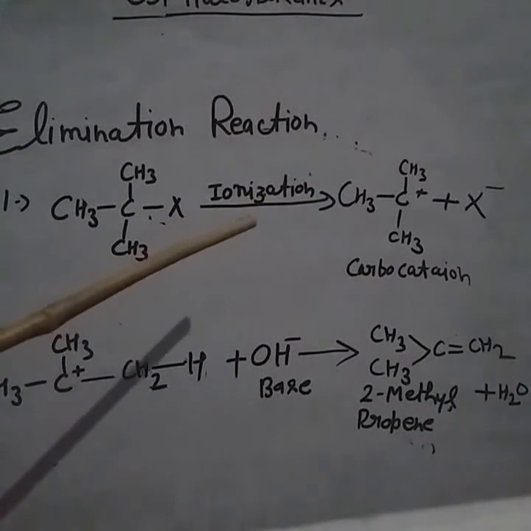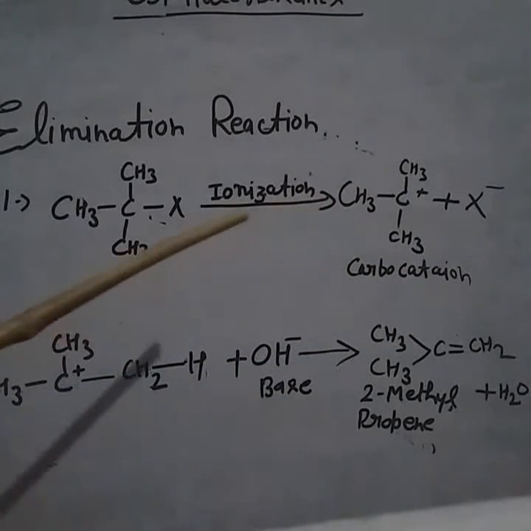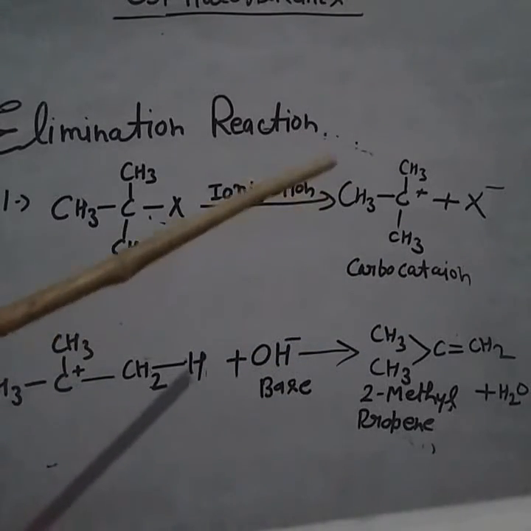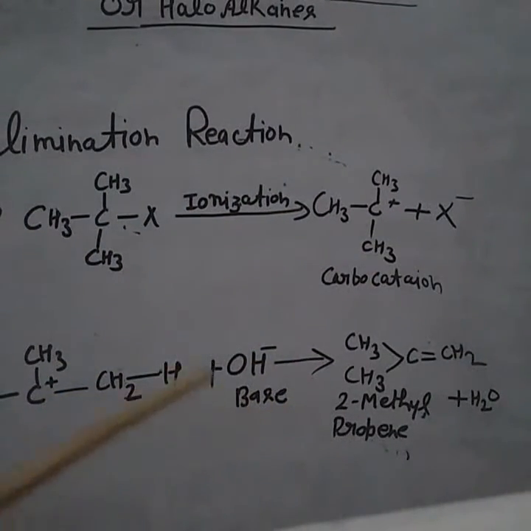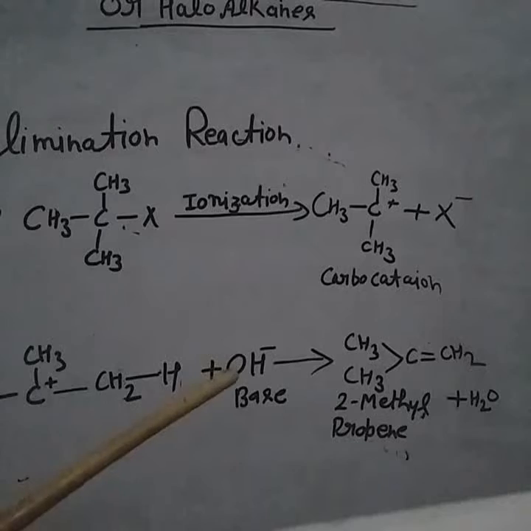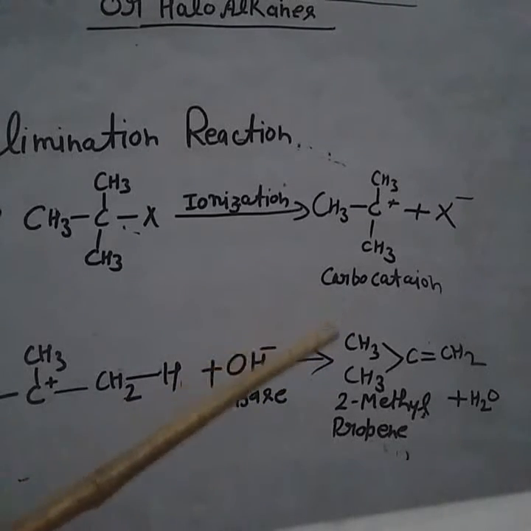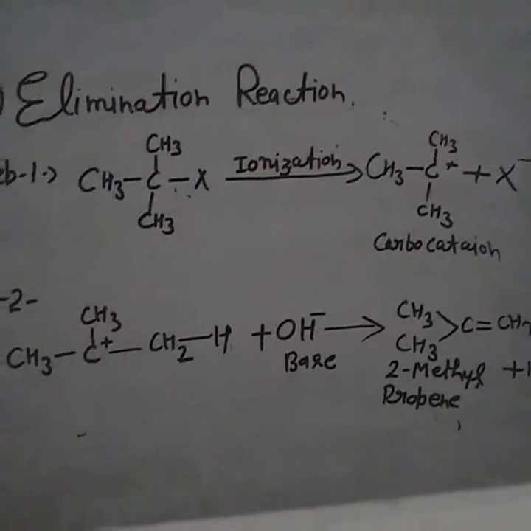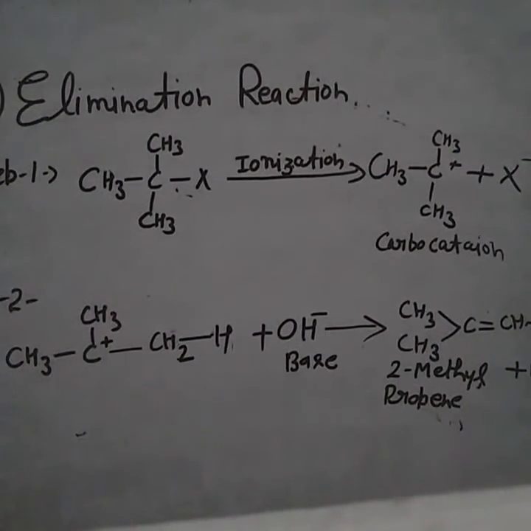Step first forms the carbocation, the ionization process, and second, the carbocation loses its proton and gives an alkene or pi bond. So this E1 reaction is completed.